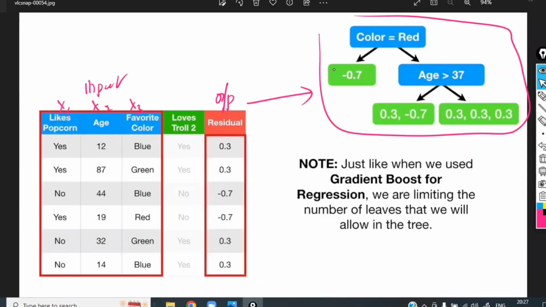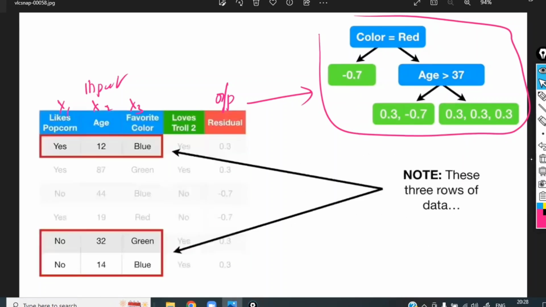You have to calculate x1 Gini, x2 Gini, x3 Gini separately. Whichever Gini is high, that particular column will be considered as the root node. Is that clear? Done?